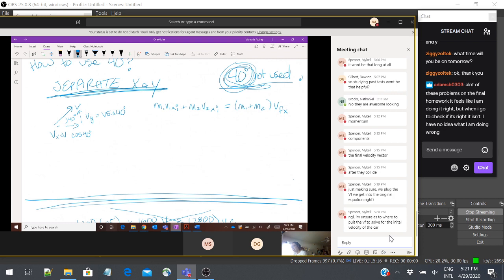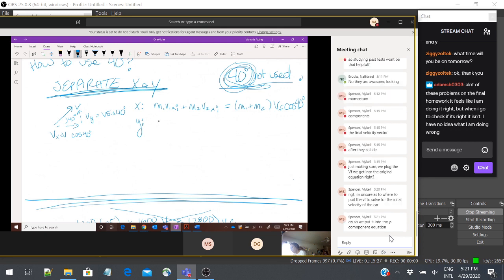And our v final x is our v final total cosine 40 degrees. Then we have a y equation, m1 v1y initial plus m2 v2y initial equals m1 plus m2 v final sine 40.